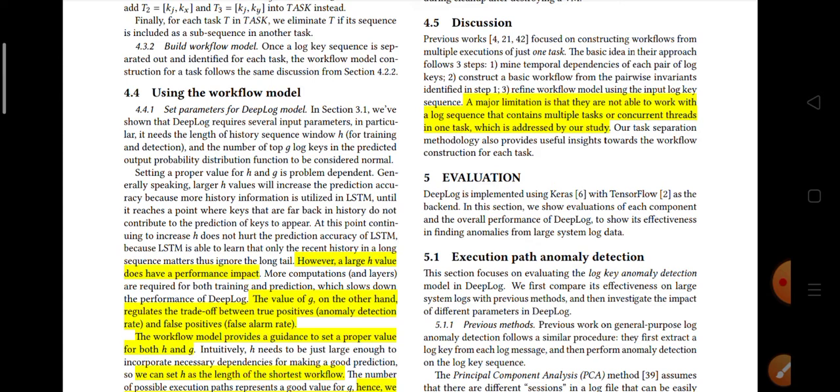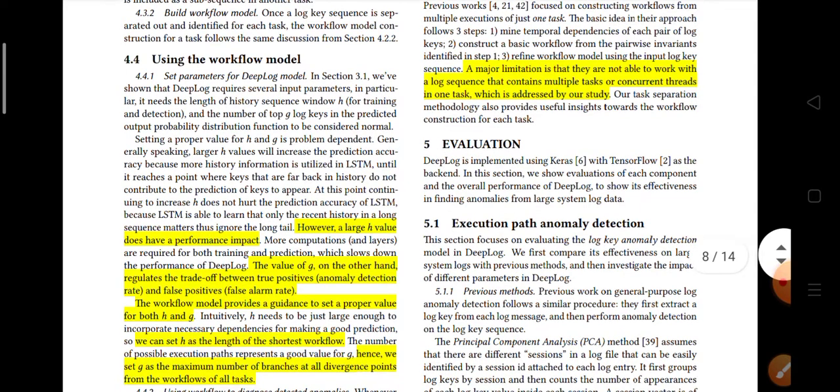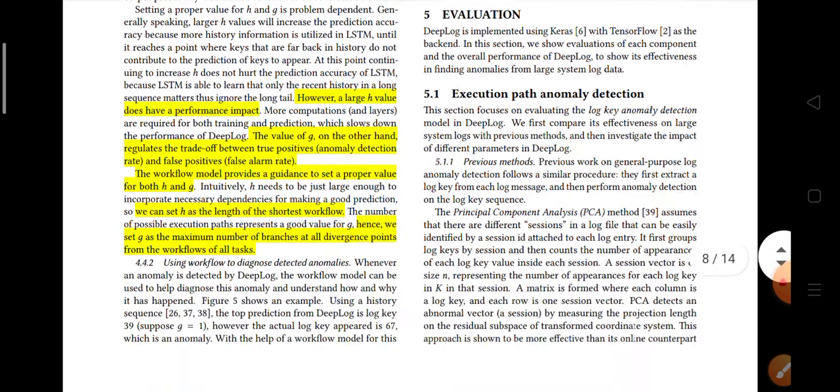They're telling that they addressed the major challenge in the log sequence, that is concurrency and multiple tasks. Both are addressed, but still it is not that much improved a method.